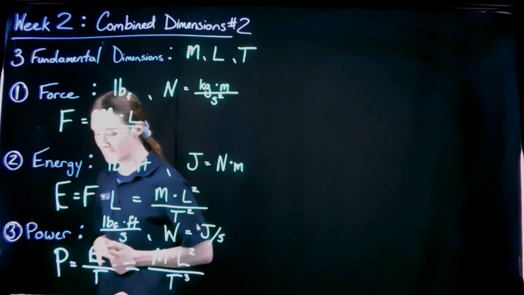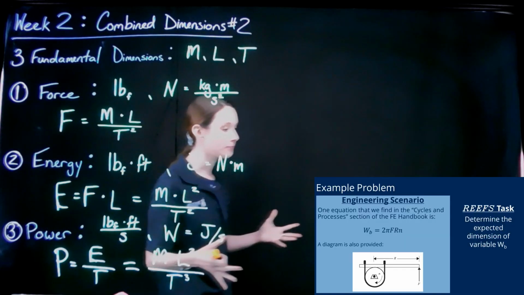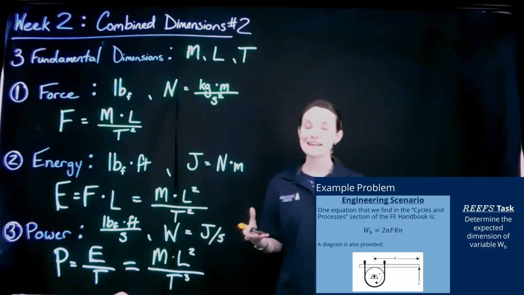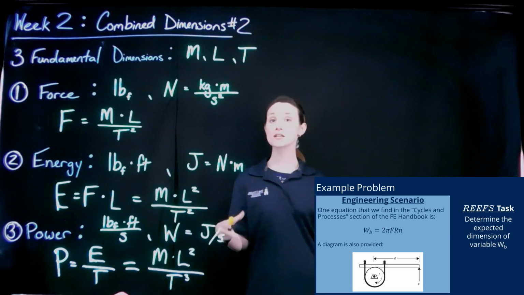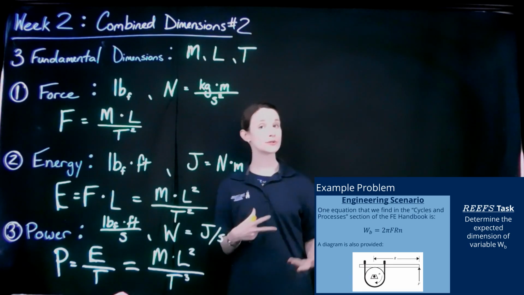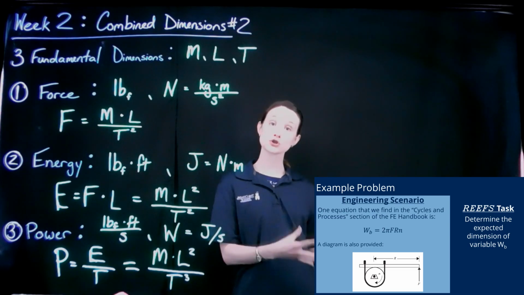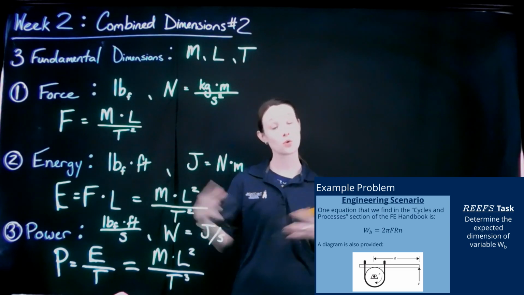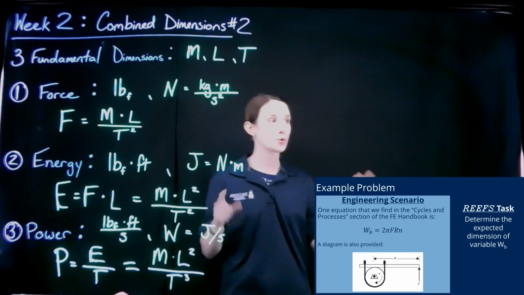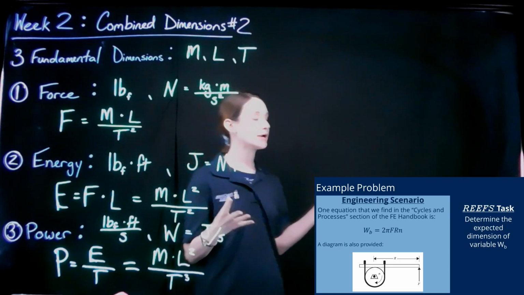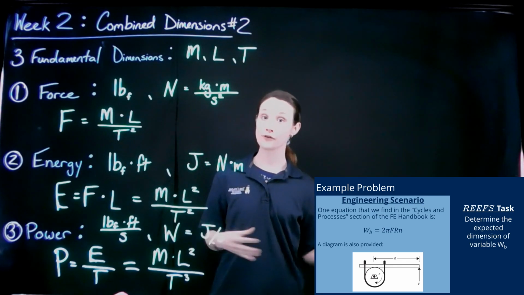Now, one application for just thinking about the units in a problem is when you get an equation that you haven't really seen before. If it's a theoretical equation, the units will cancel out for you so that you can determine the dimension or the units of your answer. So over here we have a mystery equation from our FE reference handbook.